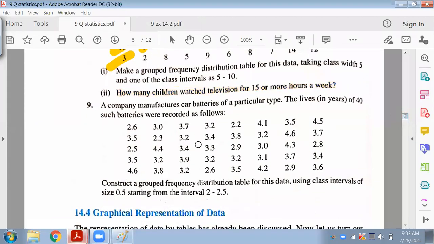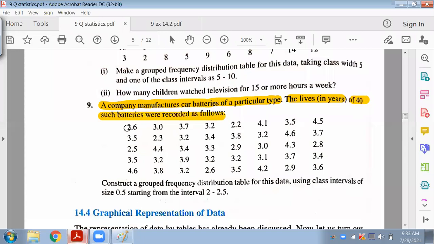Now the question is, let's say a company manufactures car batteries of a particular type. The lives in years of 40 such batteries was recorded as follows.